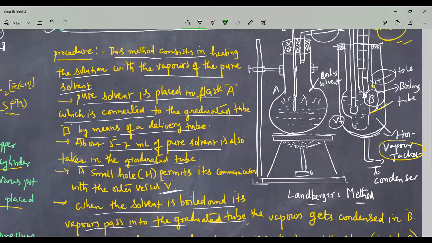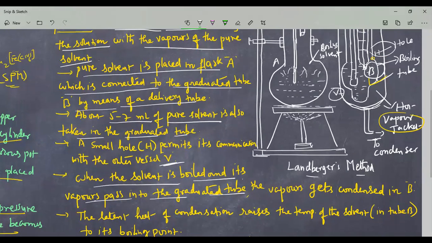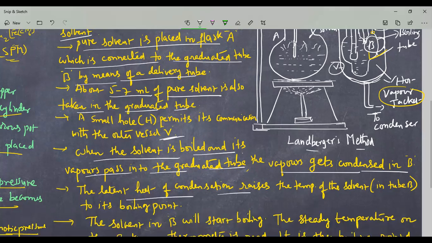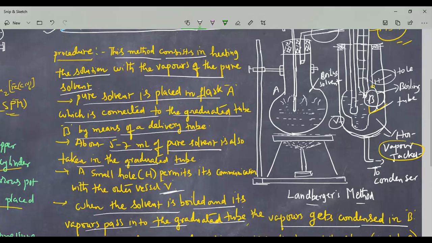So when we boil the solvent, vapors will definitely go into the graduated tube and the vapors get condensed in B, that means they will be converted into liquid state. Then the latent heat of condensation raises the temperature of the solvent in B. B is the graduated tube.